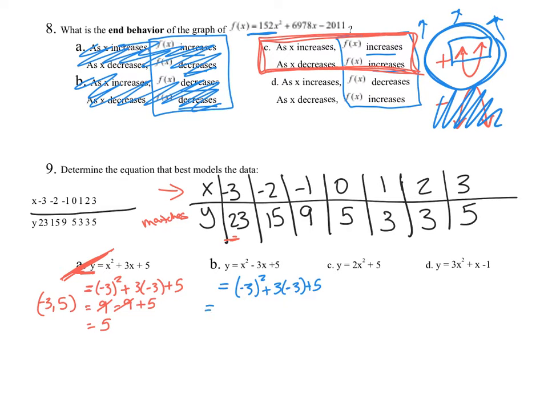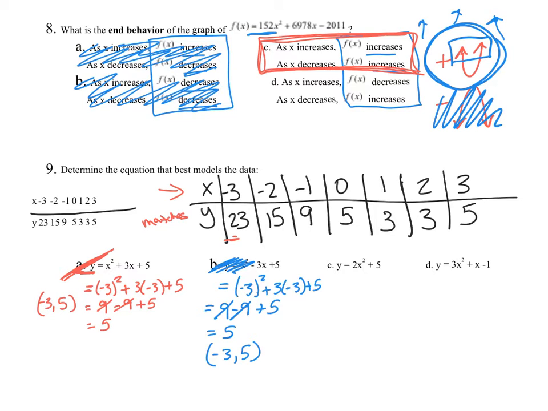Okay, so -3 times -3 is a +9. 3 times -3 is -9 plus 5. 9 minus 9 is 0 equals 5. So here we plugged in -3 to this function, and we got out 5, and that doesn't match. It should be 23. So that one's out.